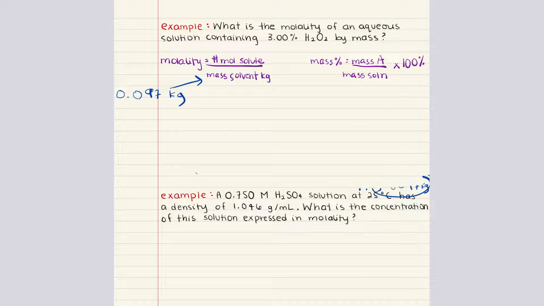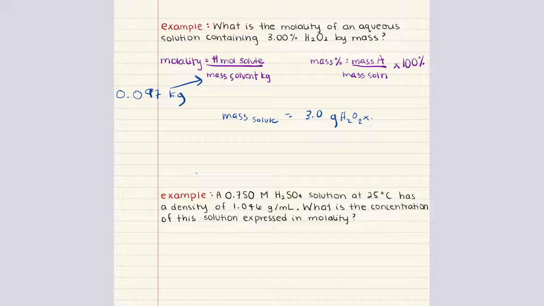Our next step is to figure out what the numerator is going to be so we can calculate molality. Now the numerator is the number of moles of solute. Now we know our mass of solute is equal to 3 grams. We can use molar mass to convert 3 grams of hydrogen peroxide to moles of hydrogen peroxide.